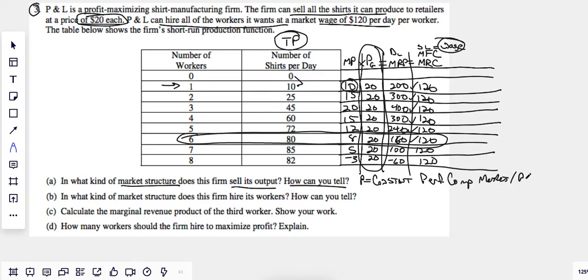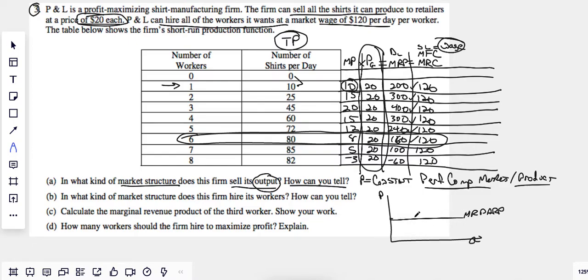For the product, remember, that's for the product. We're talking about where it sells its output in the product market. And in the product market, it's a perfectly competitive firm, industry, whatever. We know that because they don't have to change their price, right? We know what it looks like if we draw it. If you're drawing perfect competition, your demand curve, your MR curve, is perfectly elastic.